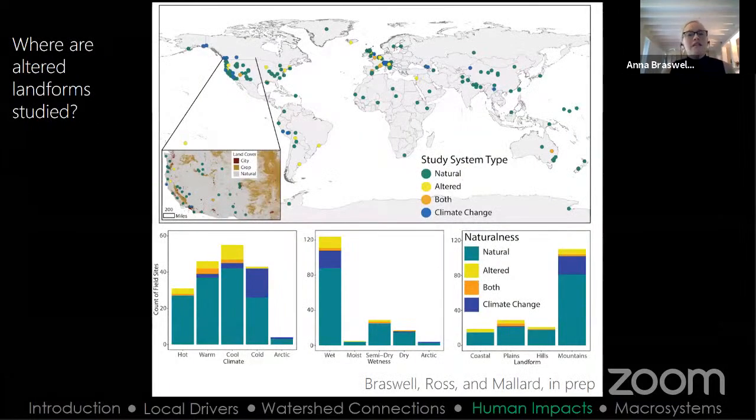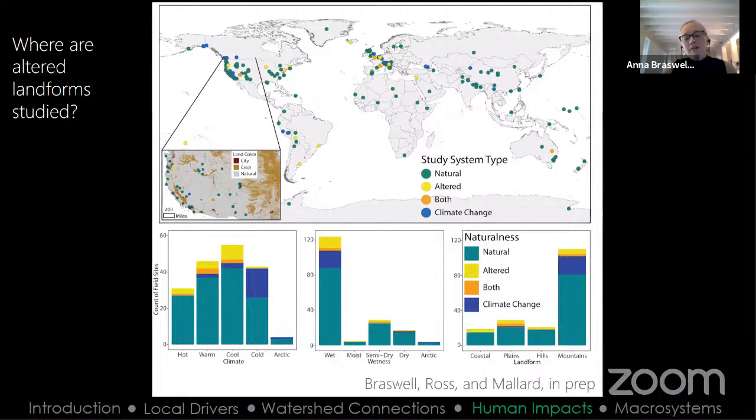So the first thing that we did is we took the most cited geomorphic studies across the world. And as you can see, most of those tend to be in the US and in Europe, but we looked at what they were looking at. Was it a natural system? Was it an altered system? Was it climate change they were thinking about? And some of the things that came out of this were, well, basically we think a lot about natural systems, but we also think about them in certain areas.